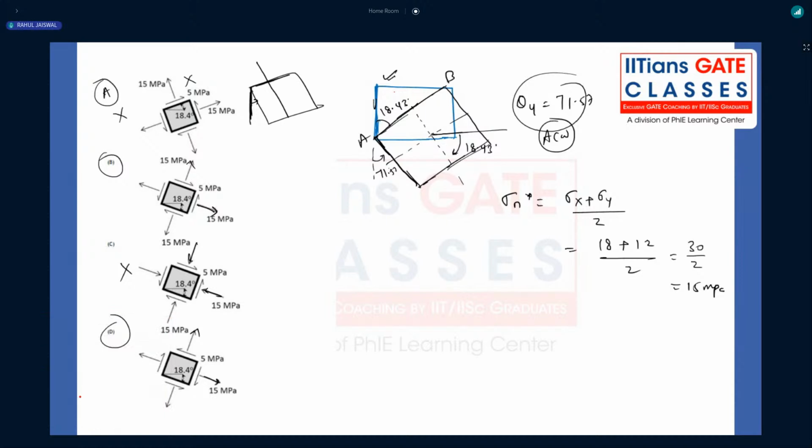Now, suppose you are interested in this particular plane, the AC plane, right? On the AC plane, I want to find tau s theta. How to find the tau s theta value?